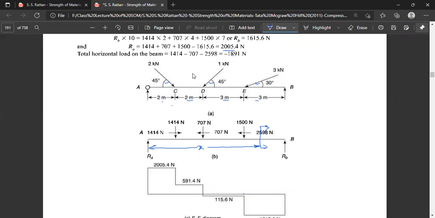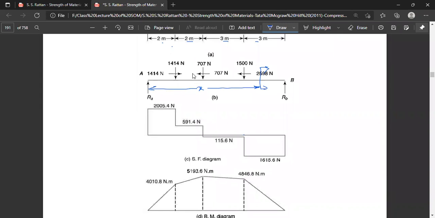So there is one force acting upwards and three forces acting downwards, which will create a total shear force equal to 1615.60 acting downwards. So this will be the shear force diagram. This portion is positive and this portion will be negative.